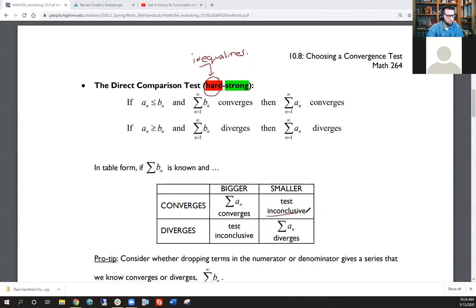But we have these two evil spots of inconclusiveness that tend to trip us up. So if you want to use the direct comparison test, notice you have to do two things. You have to guess something to compare to. Guess a comparison series.